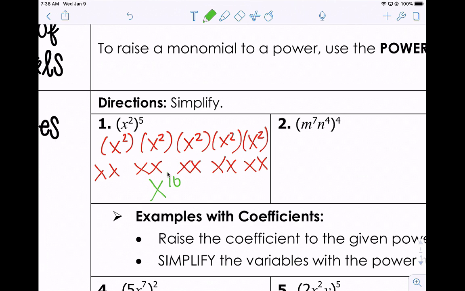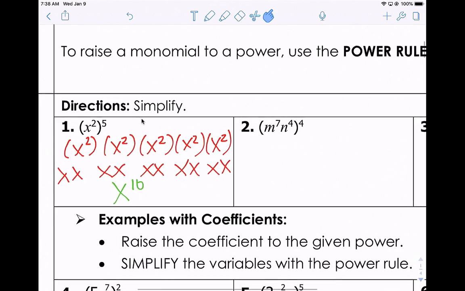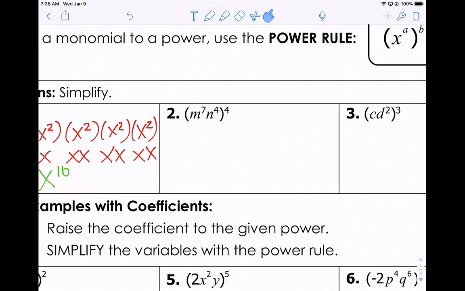So 2 times 5 is 10. So this would be how you write it out in expanded form. And then when you simplify this to just exponent form, you get x to the 10. So again, we just multiply the 2 and the 5. So we have a variable, an exponent with its own exponent. So multiply those.